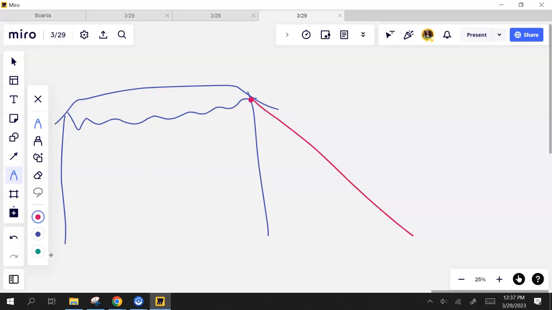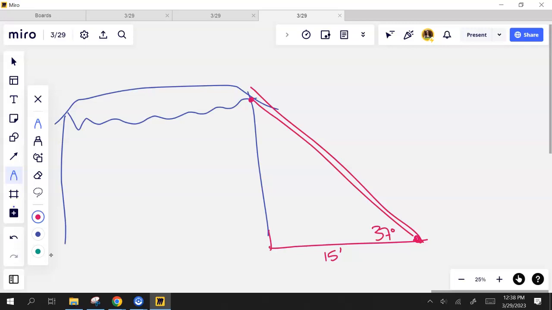15 feet from the base of the canopy. Here's the canopy. Here's the base. So this is 15 feet. The angle of elevation from the point on the ground, so from here to the top corner of the canopy, so to here, is 37 degrees. Find the length of the string.